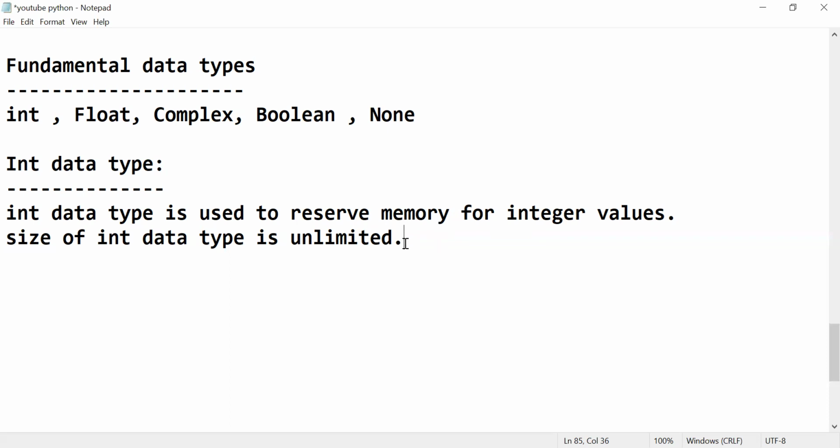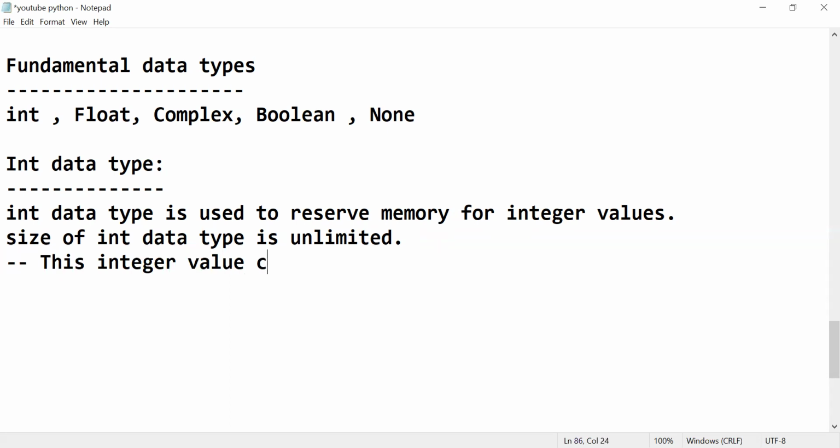And one more point in the int data type, guys. Python integer values represent integers.